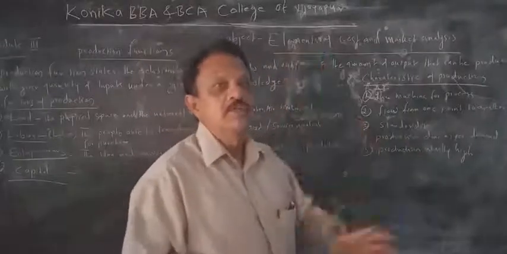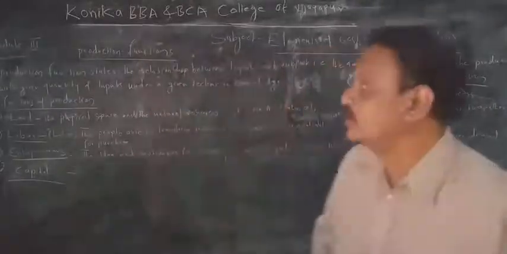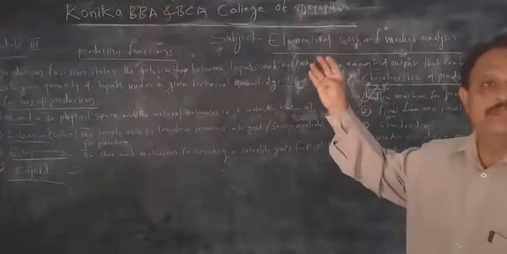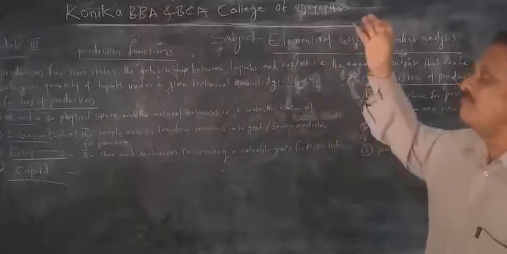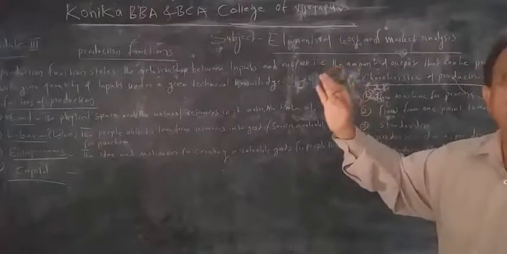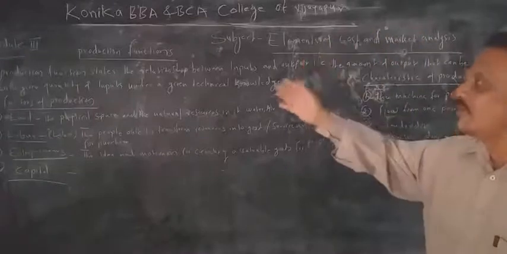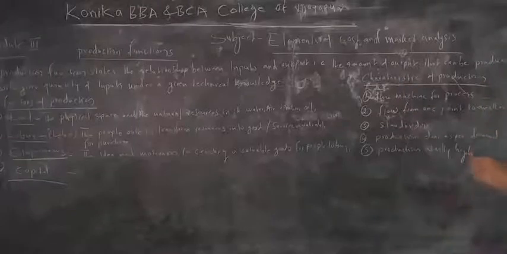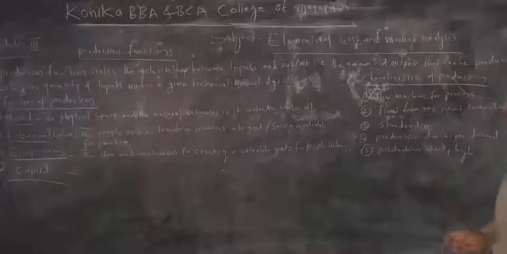So totally today we discussed three things: the production function, the relationship between input and output; the factors of production, land, labor, entrepreneurship, and capital, these four factors; and the characteristics of production: machinery, flow from one point to another, standardization, production as per demand, and usually high production.